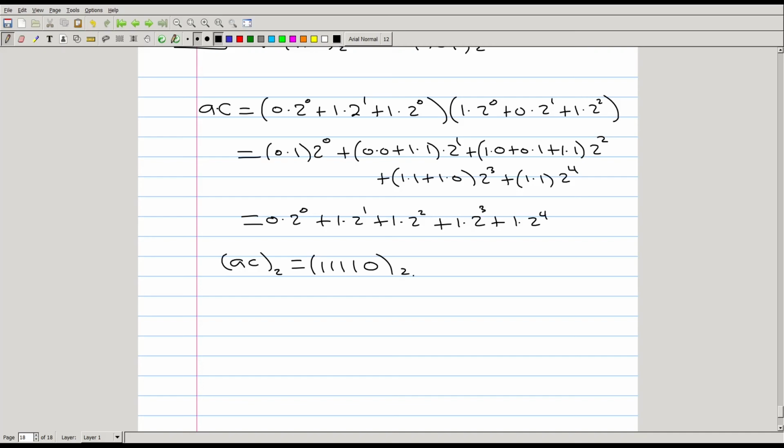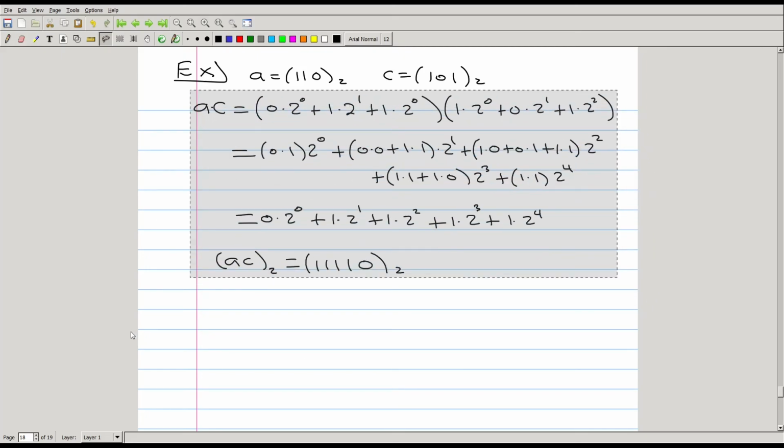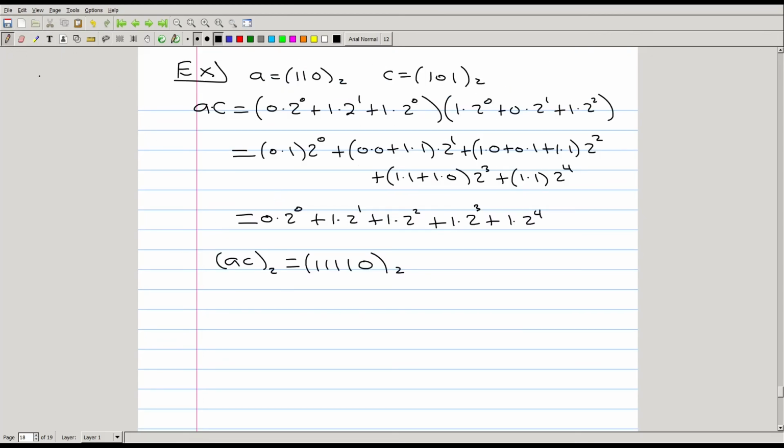Now, applying our algorithm is a little bit faster here. And in general, it's much faster, because what we need to do is say, so S0 is going to be 0 times 1. We need to expand this, which is going to be 0 times 2 plus 0.